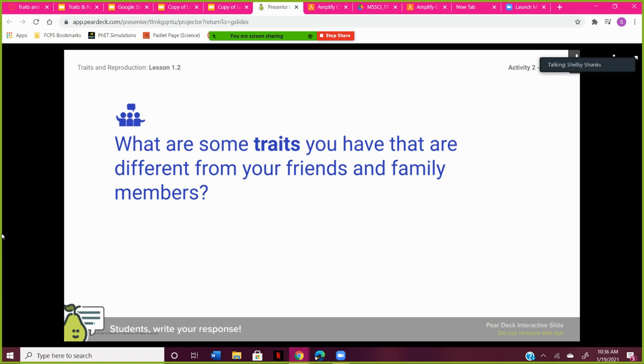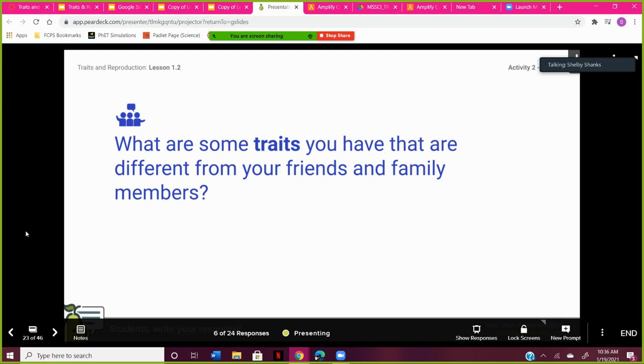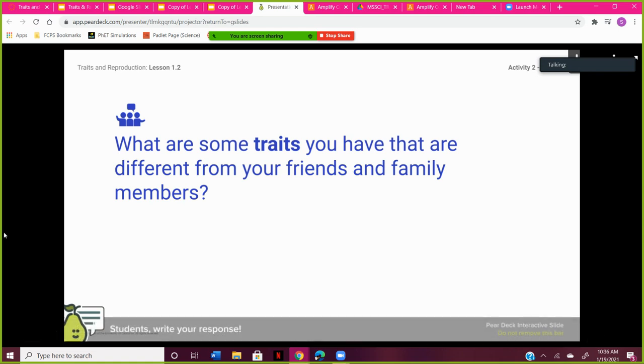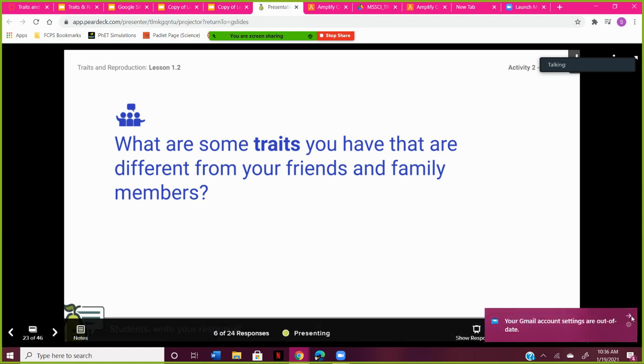Maybe you have long legs, or maybe you're tall, right? So what are some traits that you have that are different from your friends and family members? All right, make sure you're responding in Pear Deck.